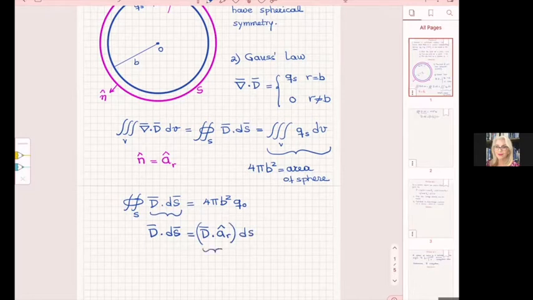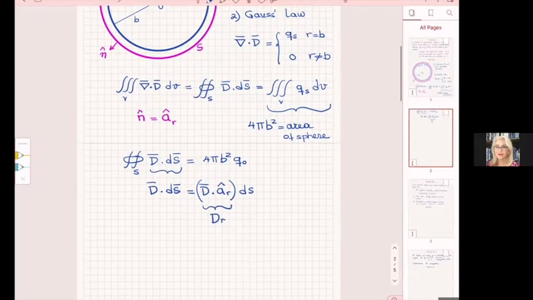So this one is the radial component of D. And therefore, if this is 1 and this is 2, 2 tells me that D is D sub r a sub r, so it has only one radial component.